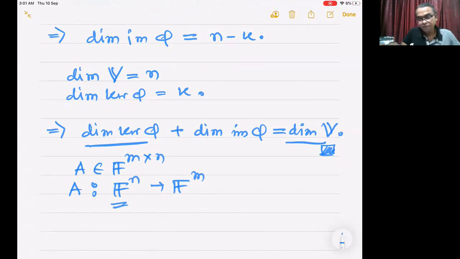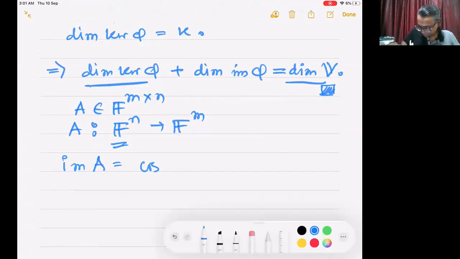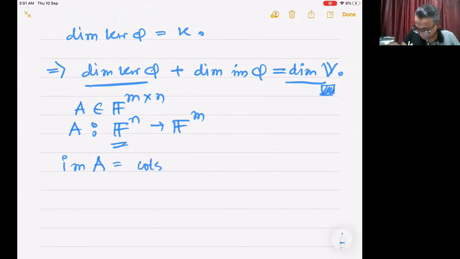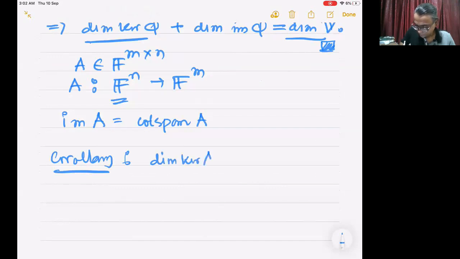And the image of this map is nothing but the column span of A. So the dimension of the image of A is nothing but the column rank of A. So a corollary of this theorem applied to the special case of matrices is that the dimension of the kernel of A plus the column rank of A is equal to n.